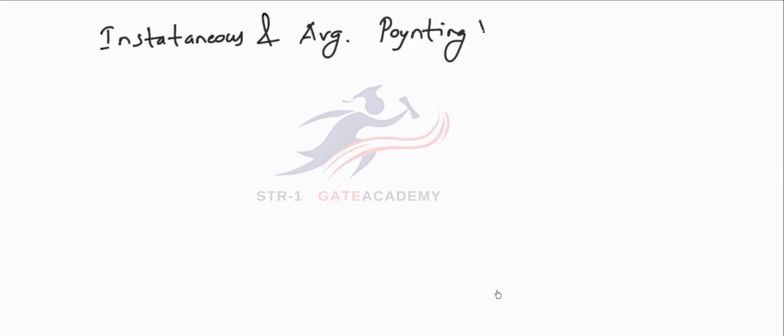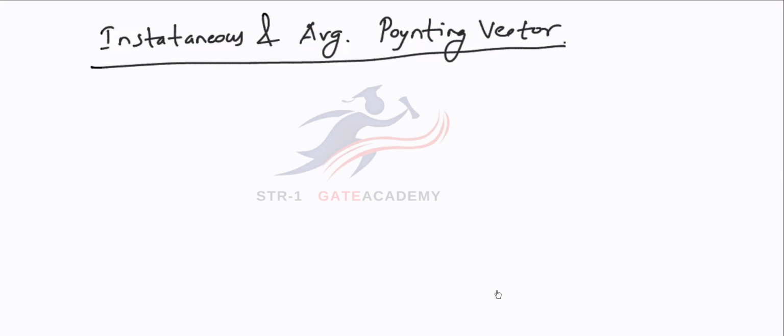What I'm doing here is trying to find the instantaneous and average Poynting vector. These are very important because questions are frequently being asked from this topic.